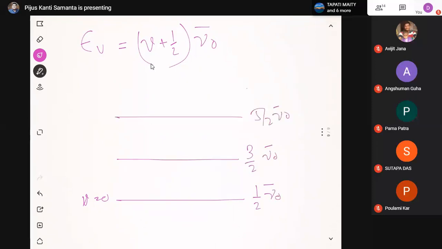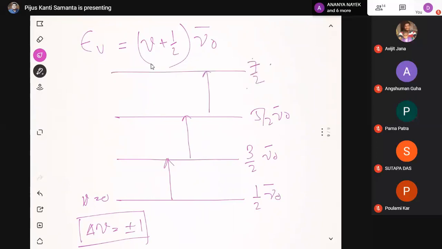The condition was that delta v will be plus minus 1. This was the selection rule for transition. So we have the transitions like this, or this, or this. Whatever we do, we always have a single frequency, because this is nu-bar 0, this is nu-bar 0, this is nu-bar 0. So in the absorption band, we get a single frequency of nu-bar 0.